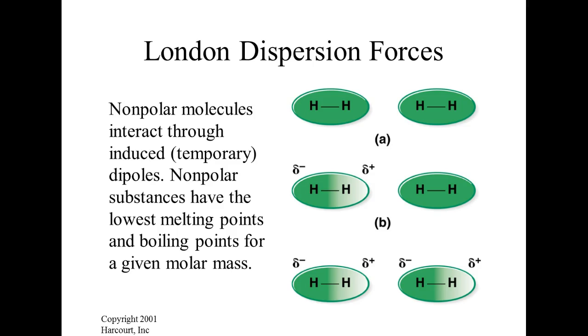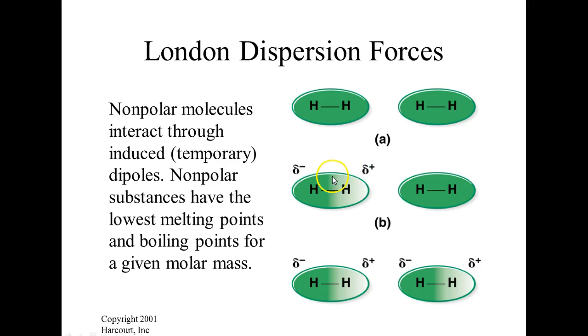So let's talk about London dispersion, and I will review it in class because some people have trouble with this. So this is the deal. We have two molecules up top here, and they're just hanging out, and then for whatever reason, some of the electrons decide to shift to this side. And so then the molecule is slightly negative on the left side and slightly positive on the right side. That's the sigma things again.